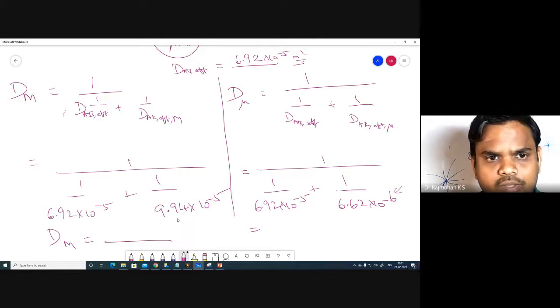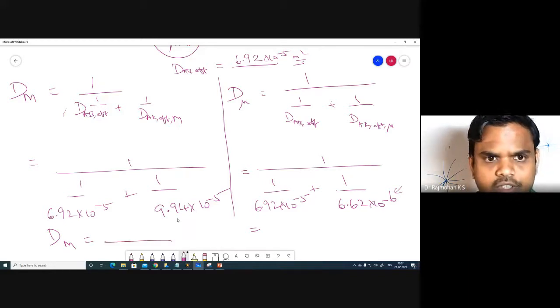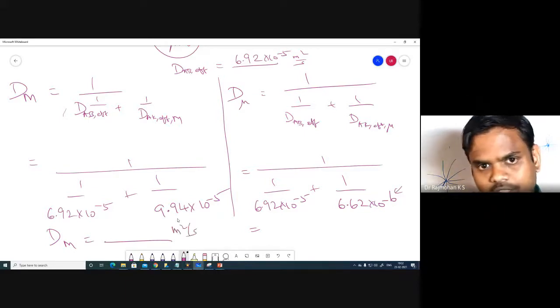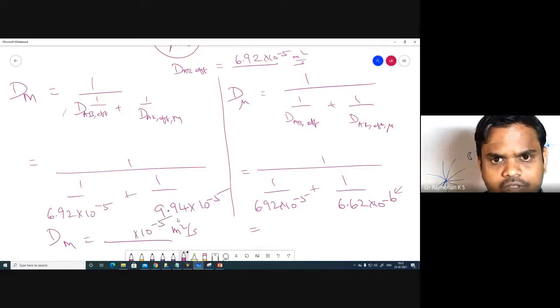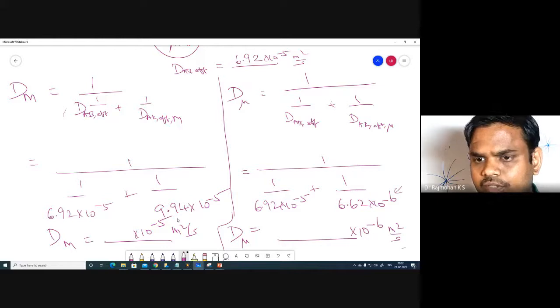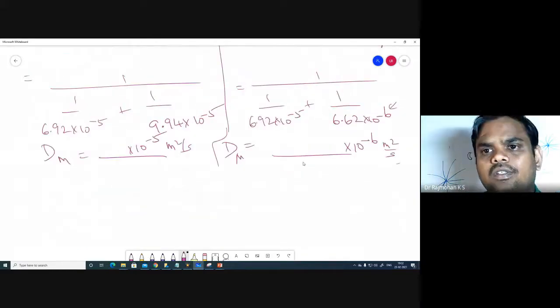You will be getting in the range of 10 power minus 5 meter square per second for one value, and the other will be in the range of 10 power minus 6. So we have Dm in the range of 10 power minus 5 meter square per second, and D mu in the range of 10 power minus 6 meter square per second.